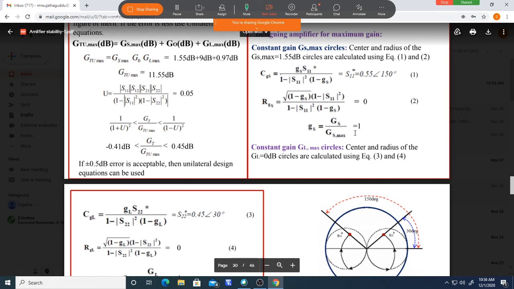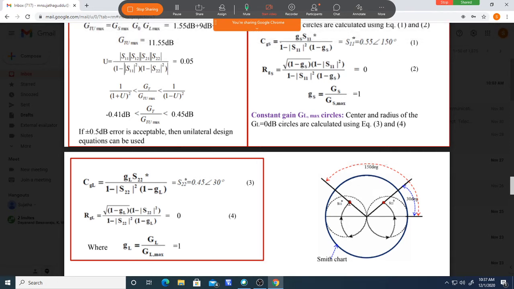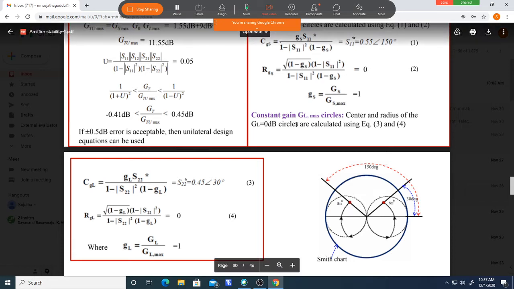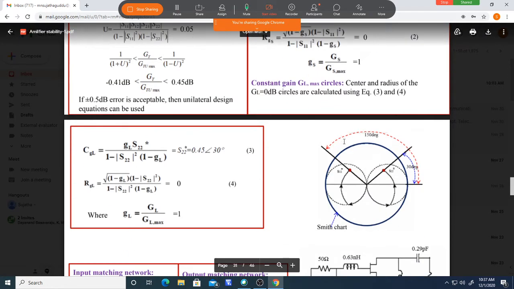But what is the next issue? The center we mark, but you should draw the circle. But to draw the circle, what did we get? Radius 0. 0 means no circle. It is only the center point. It becomes a point like this. No circle in this case. For the maximum gain amplifier design, the input gain circle becomes 1 point.